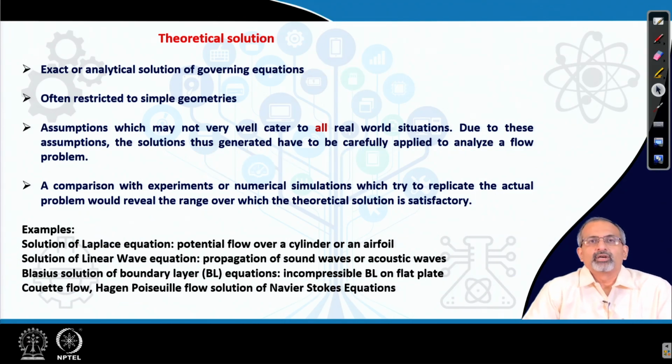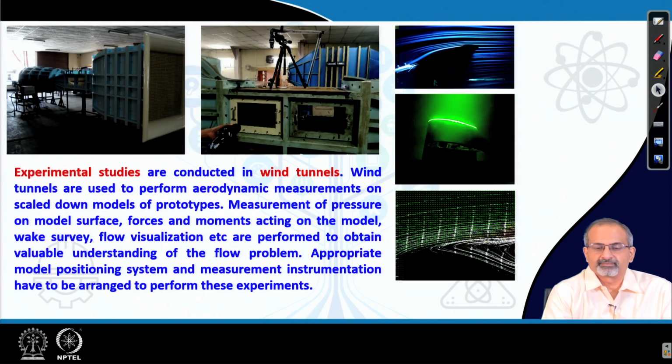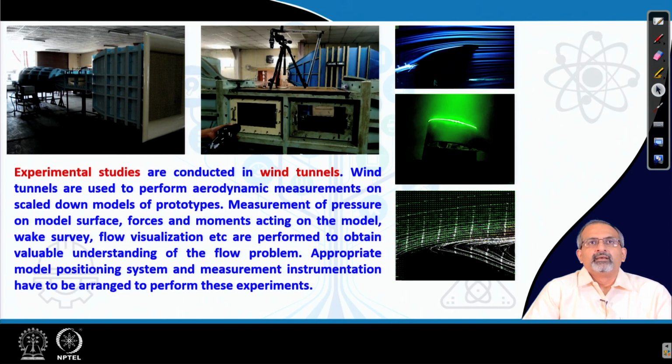Let us next look at the experimental approach. In this slide, you can see a couple of pictures which are associated with wind tunnels. Experimental studies in aerodynamics are performed using wind tunnels. Wind tunnels are meant for studies to be conducted at different speeds.